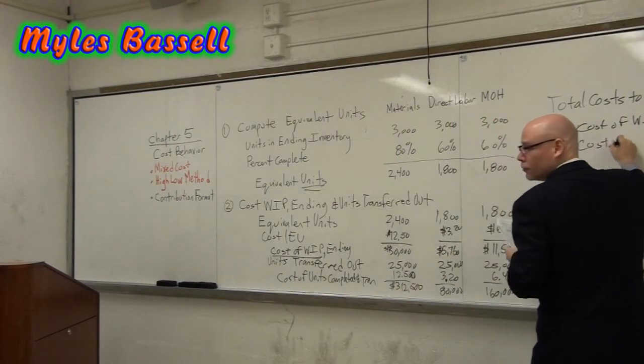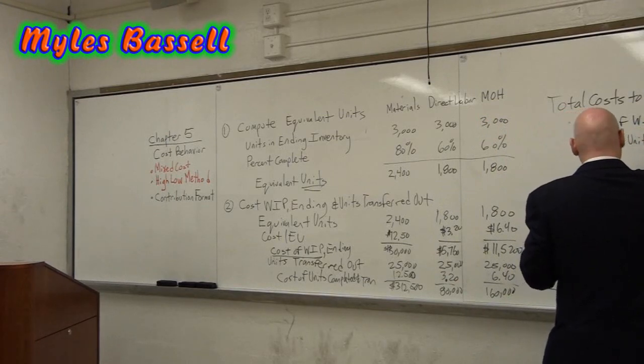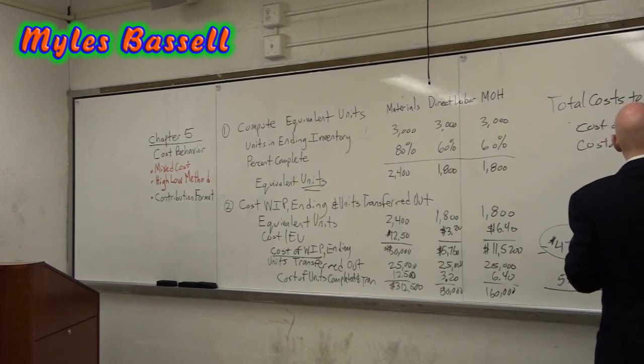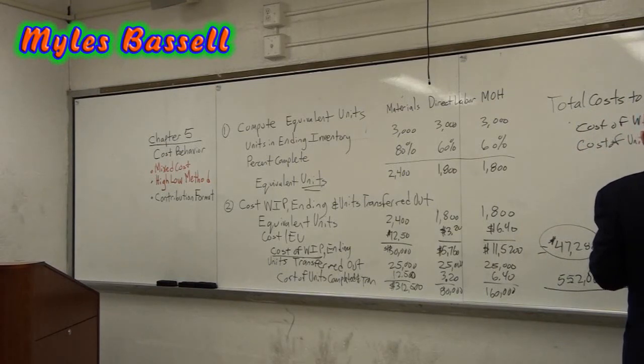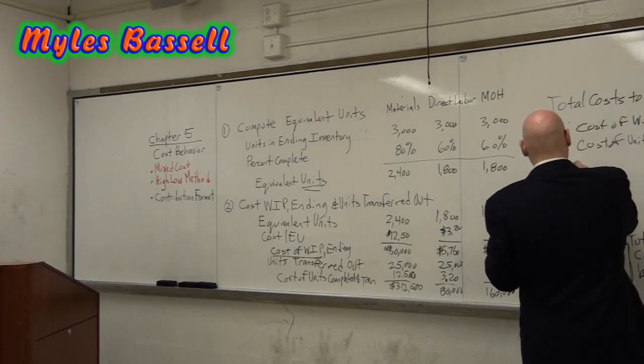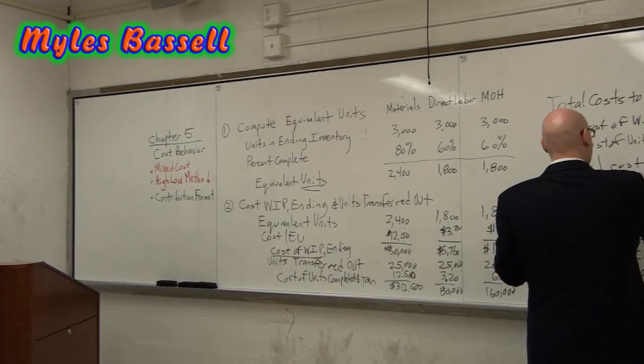Cost of units completed and transferred, $552,500. Total cost accounted for.